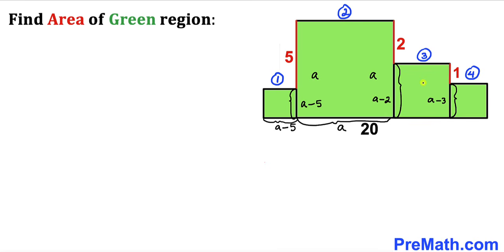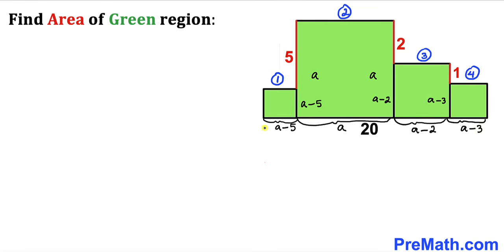And now let's focus on box 3. We know its height is a minus 2, so therefore its base is going to be a minus 2 as well. And finally let's focus on box 4. We know its height is a minus 3, so therefore this base is going to be a minus 3 as well.